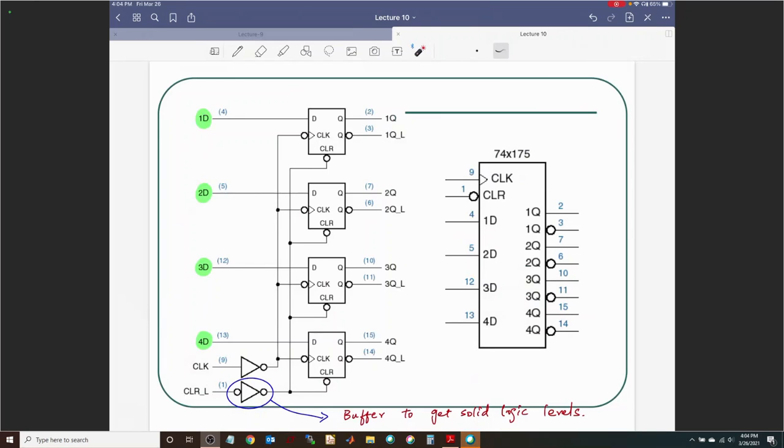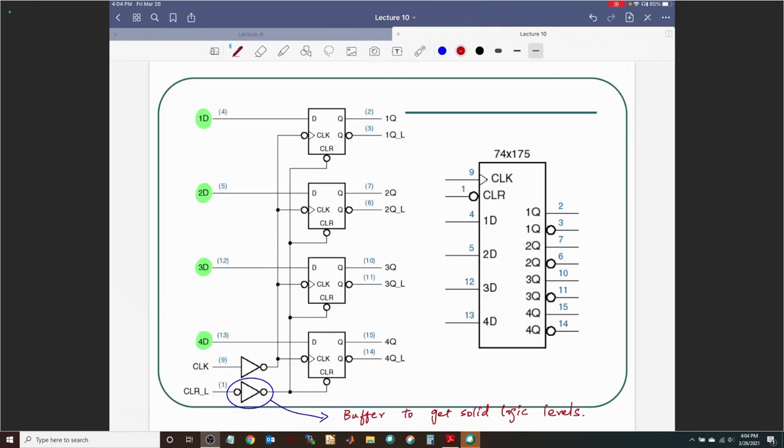Then you would have trouble with the number of things in parallel. The more things you put in parallel, the voltage level will become lower and lower, because resistors in parallel will make a smaller equivalent resistance. So it is quite possible that you may not want to clear, but because you have connected too many things as the fan out, you may actually get to a low state and accidentally clear all the flip flops. That's why you have that there.